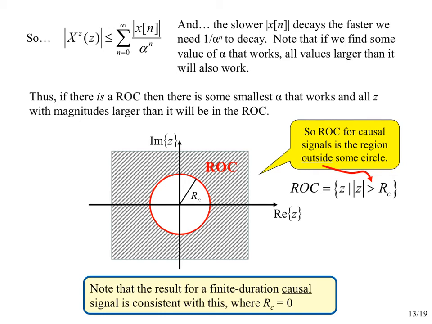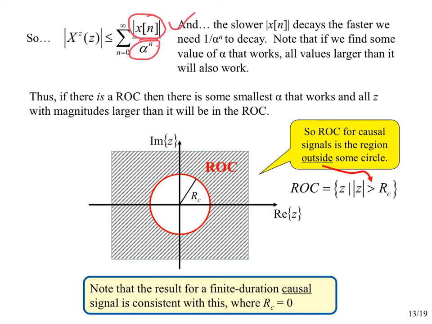We see this up here: the slower this decays, the harder it is for the summation to converge, so the faster we need this thing to decay. And if we need 1 over alpha to the n to decay fast, that means we need to be farther out.